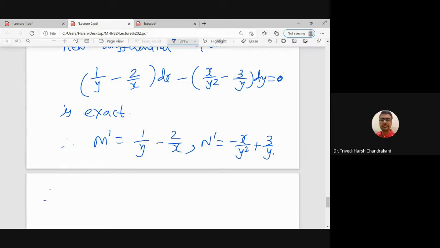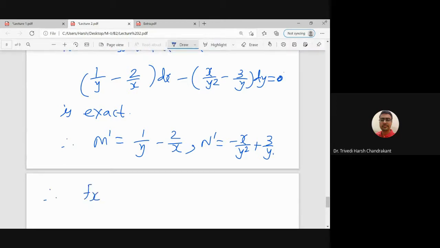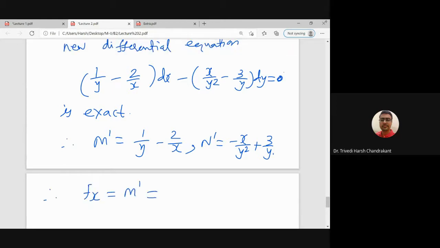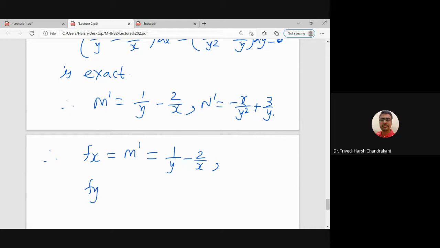So this is exact. That means our fx is m dash, which is 1 upon y minus 2 by x, and our fy is n dash, which is minus x by y square.